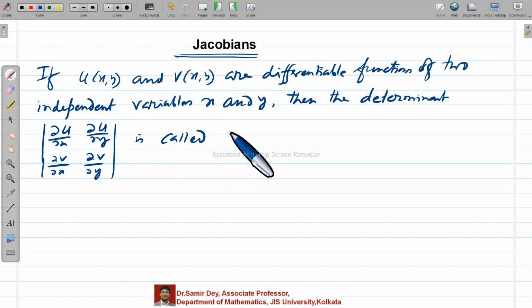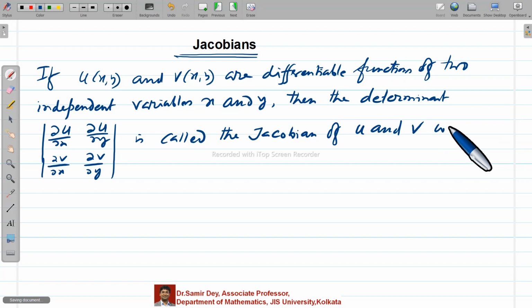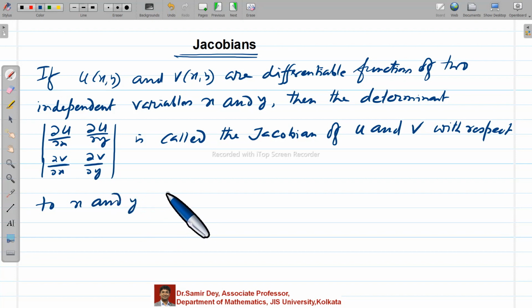is called the Jacobian of u and v with respect to x and y respectively.